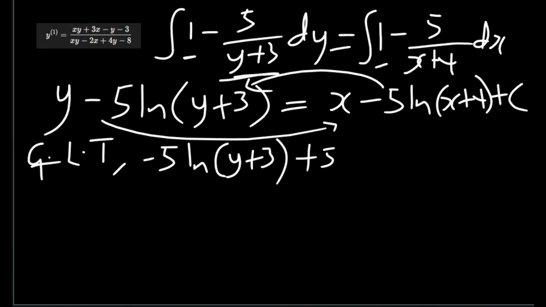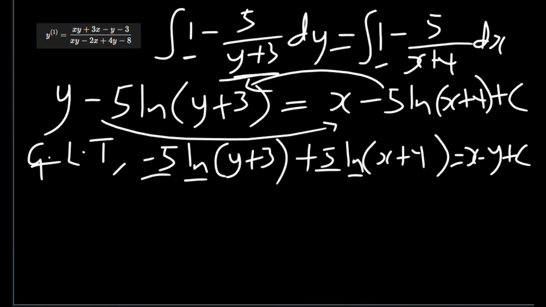So plus 5 ln of x plus 4 is equal to our x. Then we send y to the right hand side of the equation, so minus y plus our constant of integration. Alright, so looking at what we have now, we could see that we have 5 and then we have 5. We have ln, then ln as well, so we can factorize those out and then simplify this equation further.